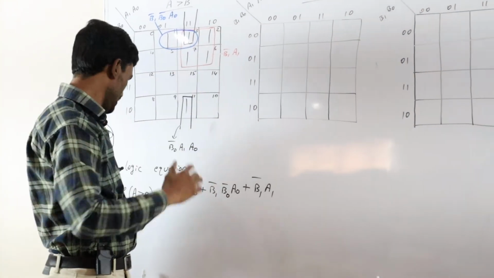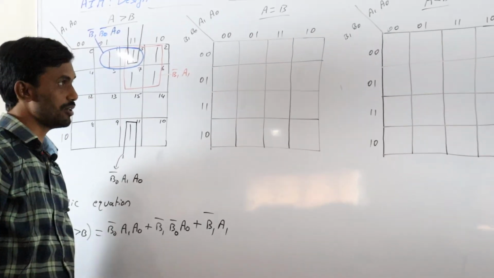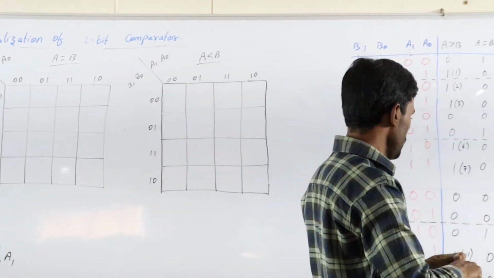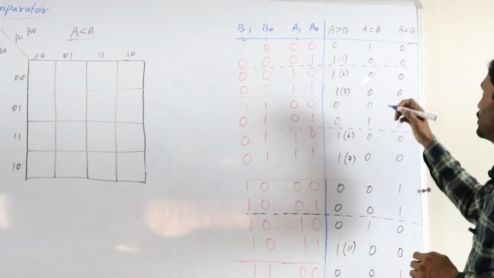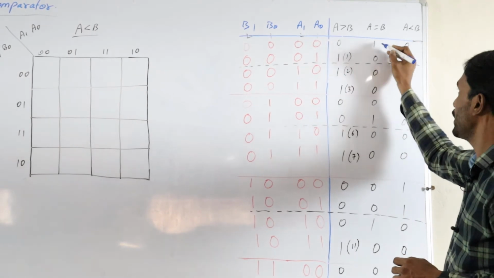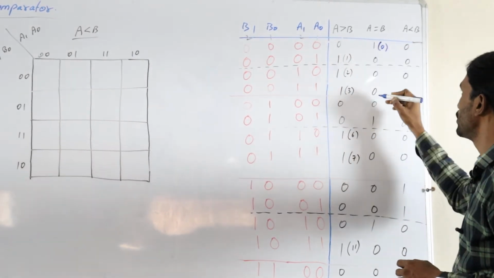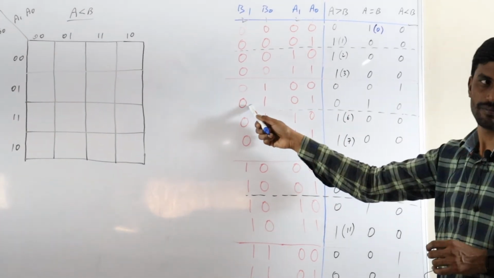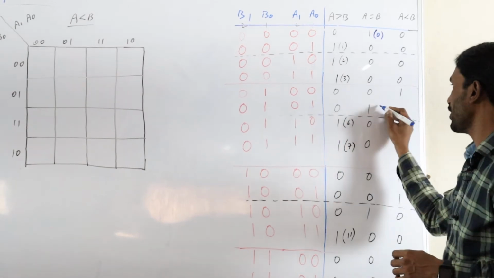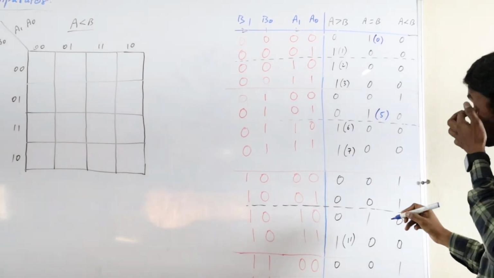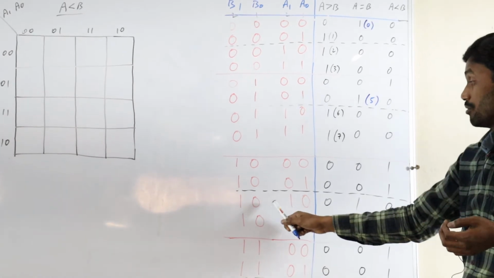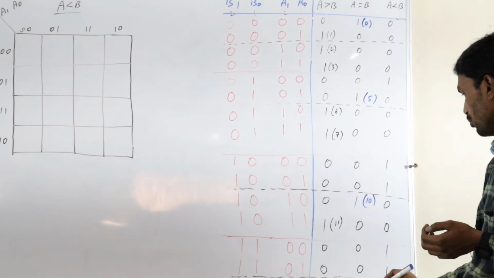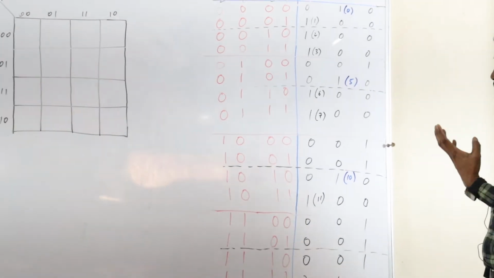Next, let's see for A equal to B. Where A equal to B is 1, let's first note that down, and come back to the truth table again. A equal to B is 1 here, where A greater than B is 0. This value is 1, 2, 4, 8; this value is 5, and then here 8 plus 2 is 10, and one more, so totally 4 combinations you will get.